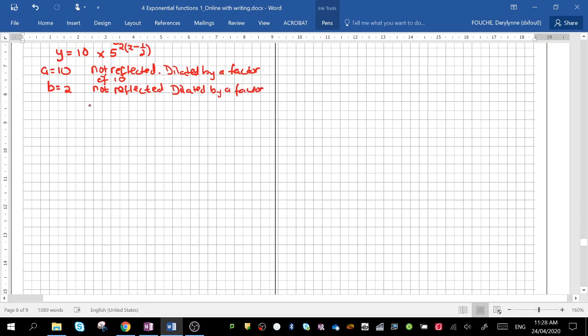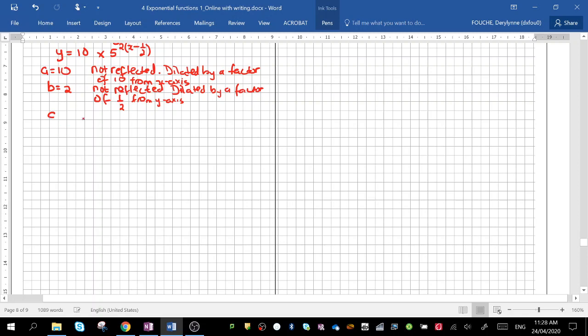Remember, it's by a factor of 1 over b. And that will be from the y-axis. So our dilation of a is from our x-axis. And our b is from our y-axis.